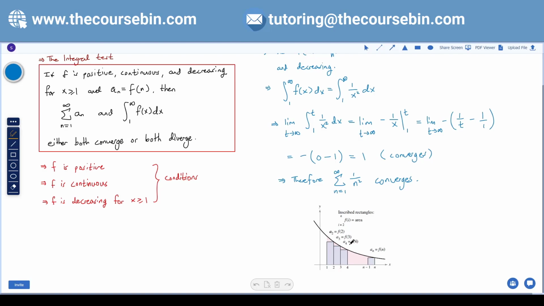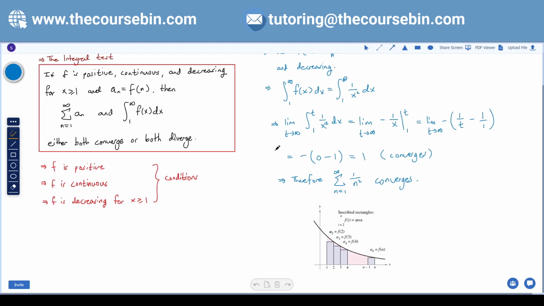It represents the f of x, whereas the rectangles represent the a sub n's. So if you look at this, the f of x is decreasing just like the a sub n. And what we're doing is we're taking the area underneath the f of x, because of that integral we used. So since the a sub n is bounded by the f of x, it's beneath the f of x.